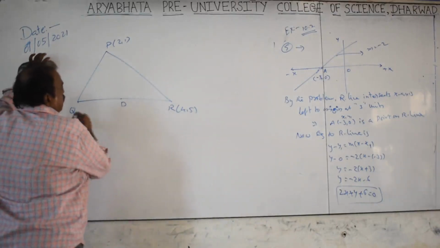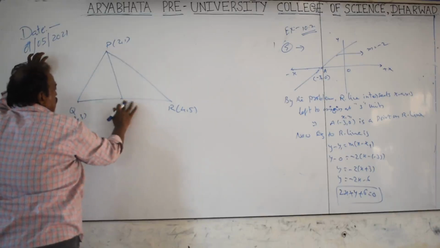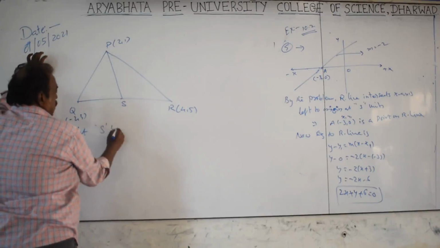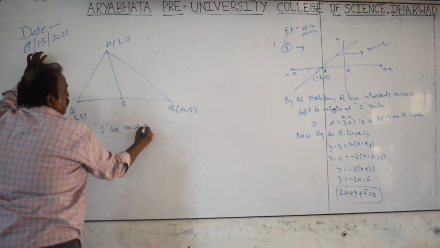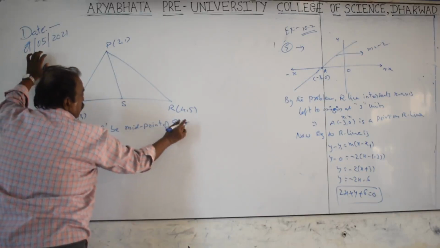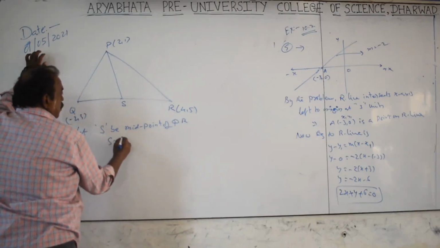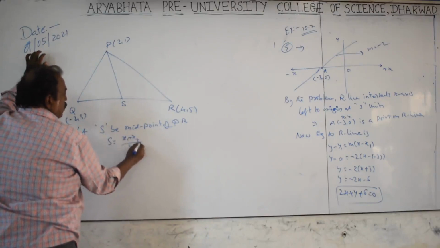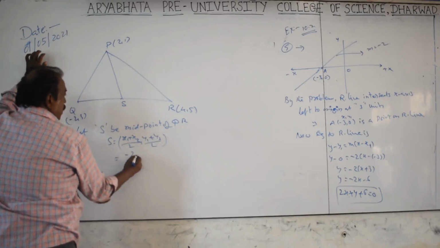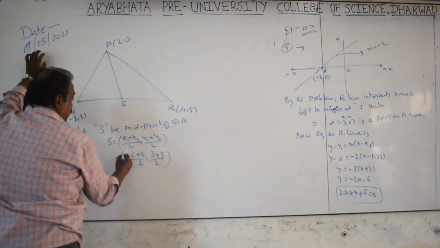Here, D is the midpoint, you assume. PD, or you assume it is S. S is the midpoint. Let S be the midpoint of QR. So S is equal to x1 plus x2 by 2, y1 plus y2 by 2, which is minus 2 plus 4 by 2, 3 plus 5 by 2.